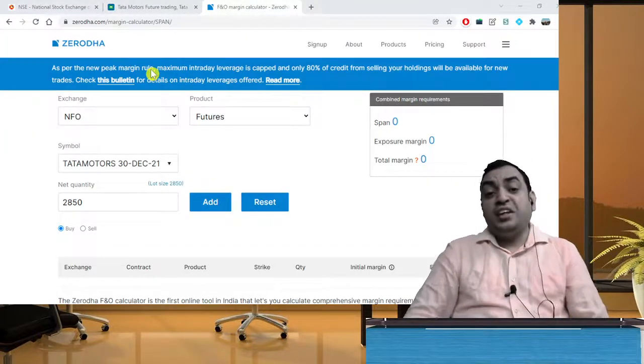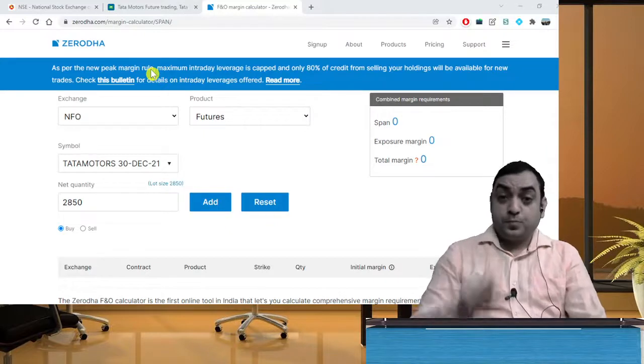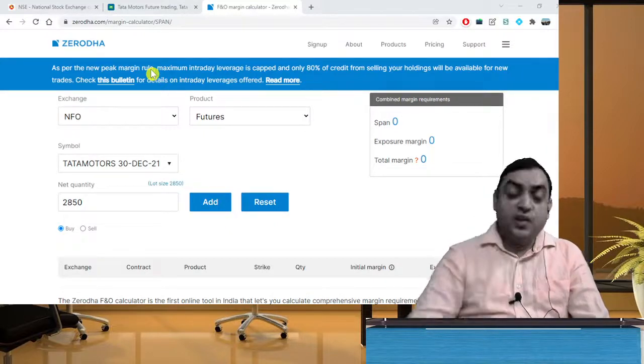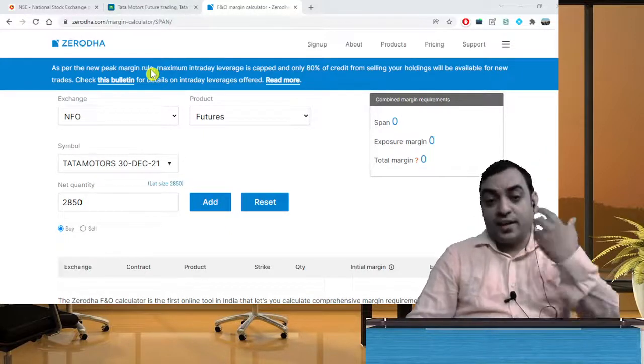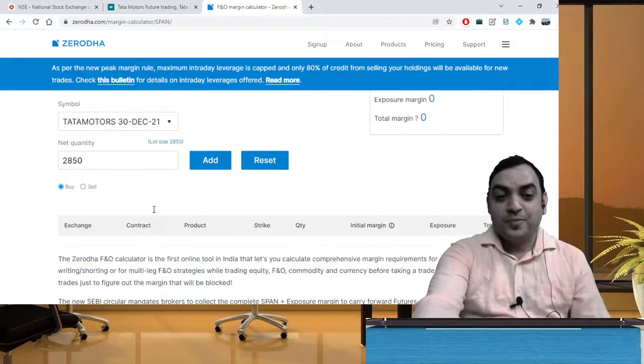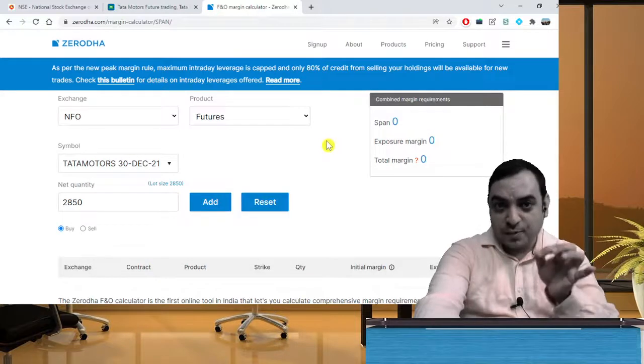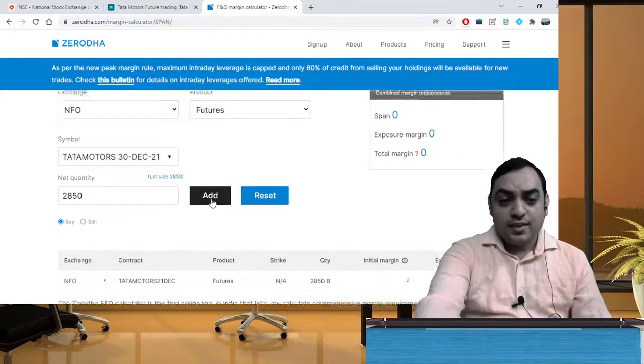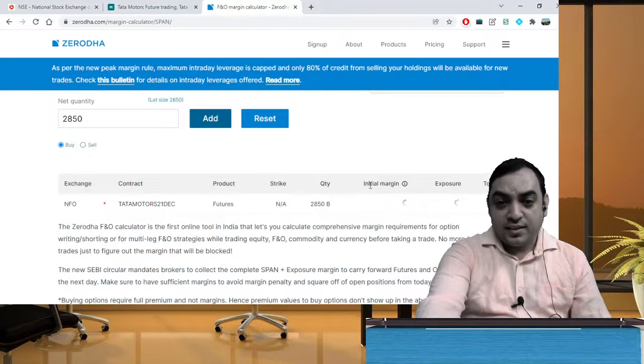You need 13 lakh 62,300. For one lot, you need 13 lakh 62,300 in the cash market. But in the future market, you don't have to pay in full. What you have to pay? You see, I'm showing it to you in Zerodha. How much you have to pay?